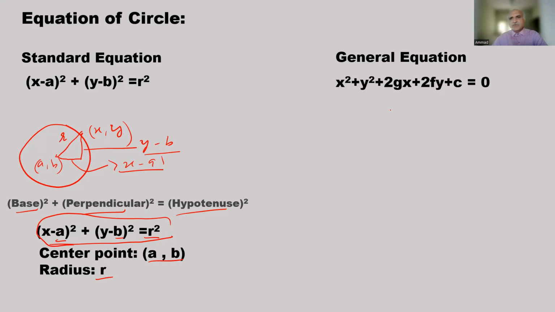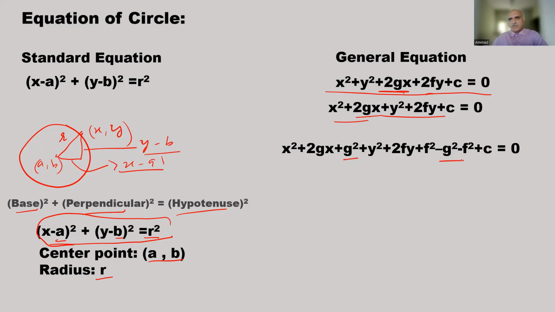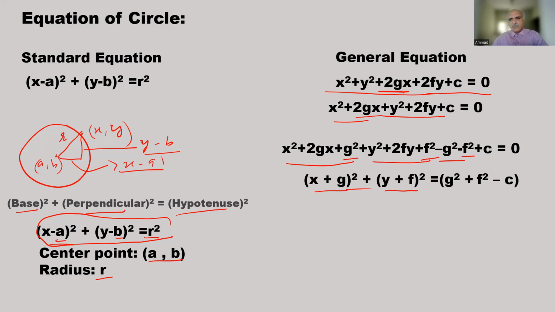Now come to the general equation. This is the general equation. We can also find the center point and radius by converting this, by applying the completing the square method. Just rearrange, move this over here, and this with y. And if we add g and also minus g, and we also add f square and also minus f square, we can get squares of these two, x plus g whole square and y plus f whole square, and move all these to the other side.